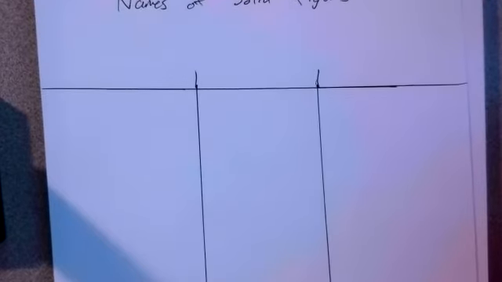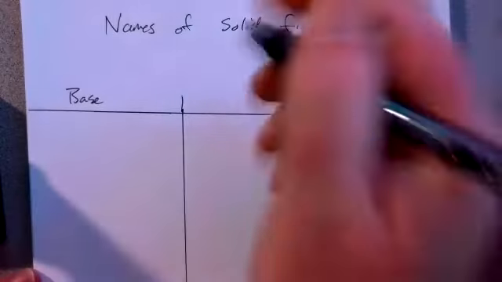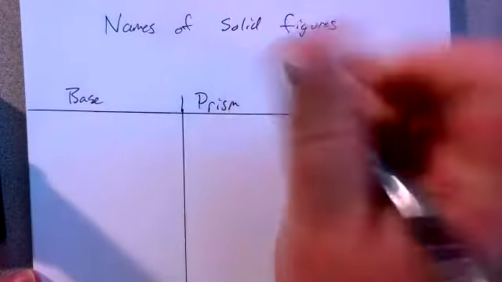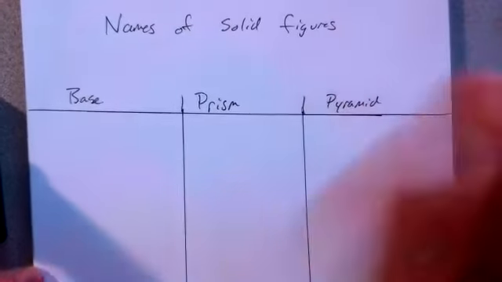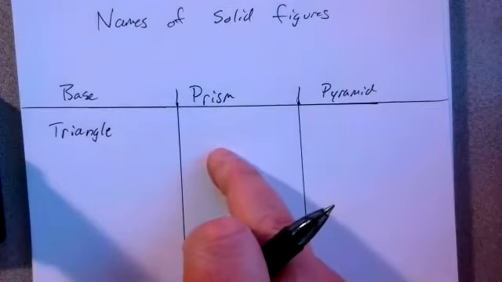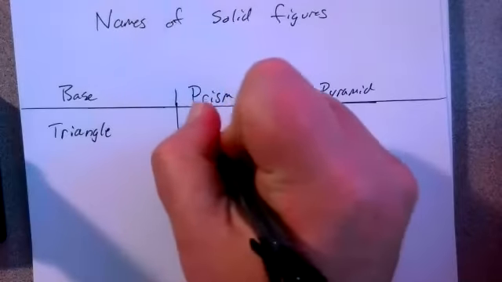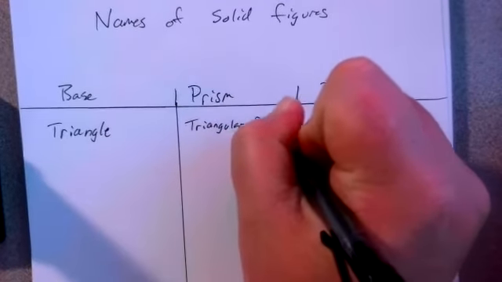The names of these solid figures. Let's take a look at the base, different types of bases. If it's a prism or if it's a pyramid, if the base is a triangle, then we would call it a triangular prism.